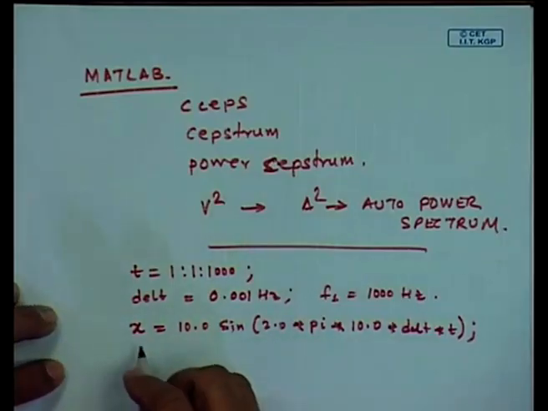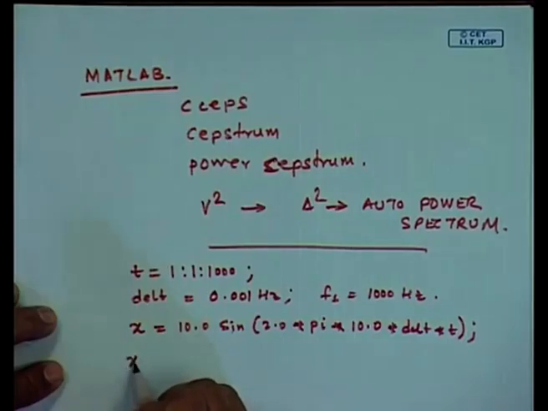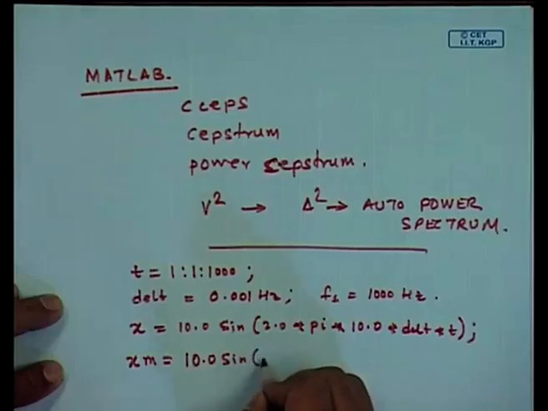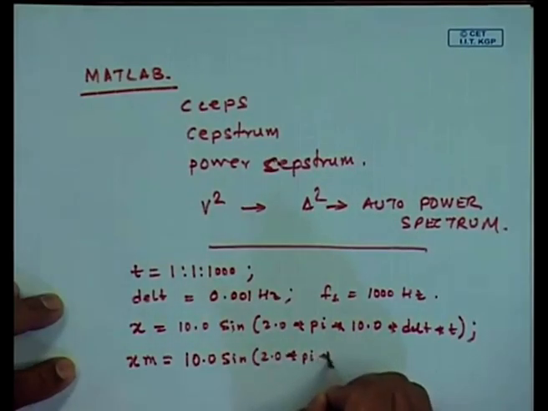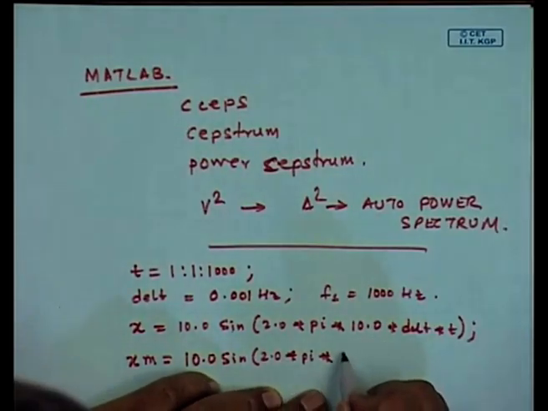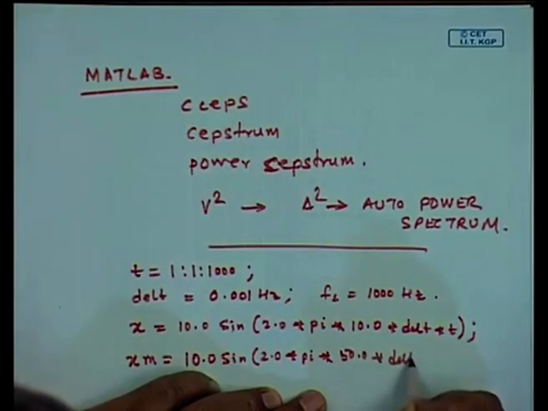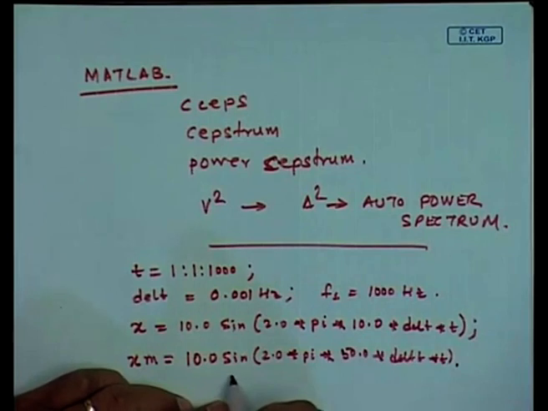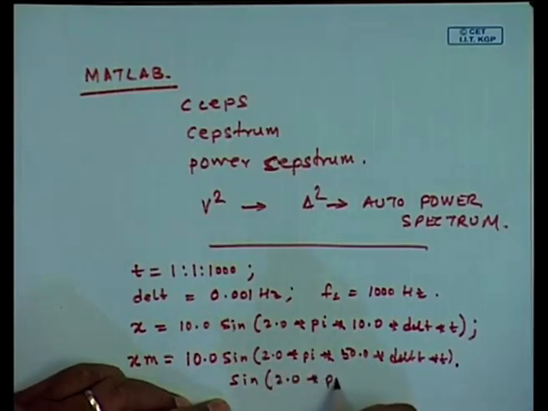I could modulate this signal by xm as 10.0 sine of 2.0 star pi star, times sine of 2.0 star pi star.